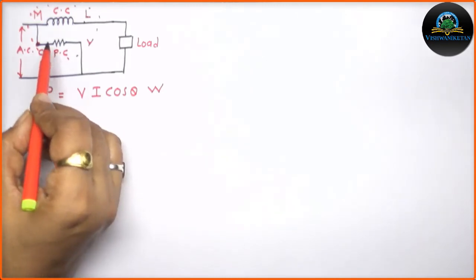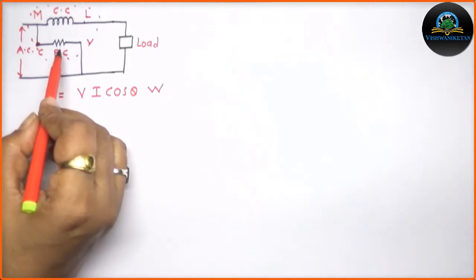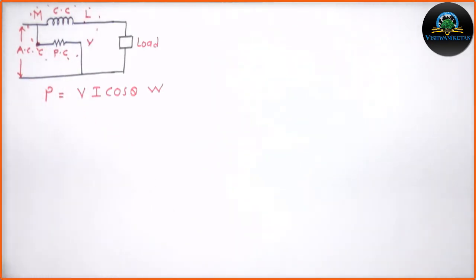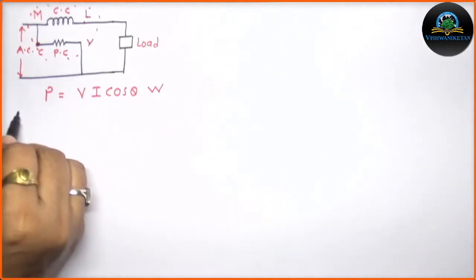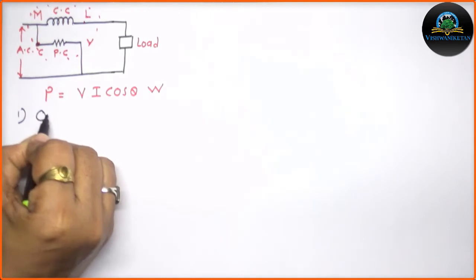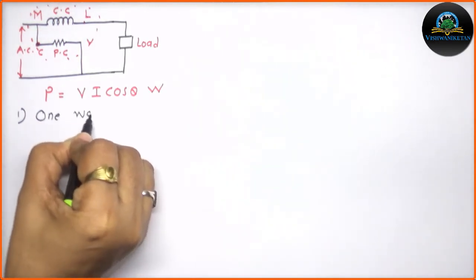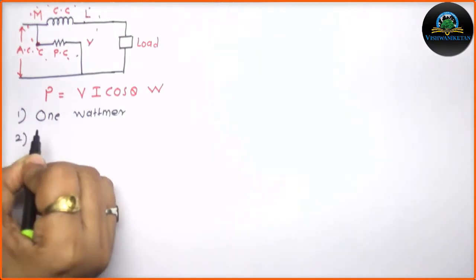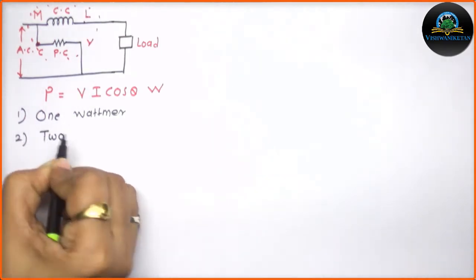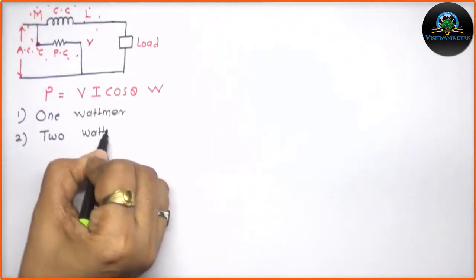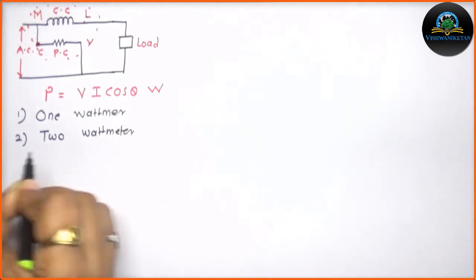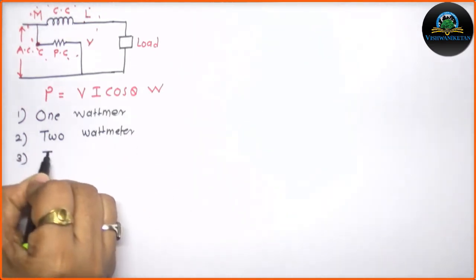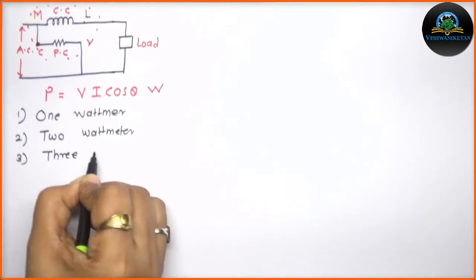Now by using this one meter, which is known as a wattmeter, we can measure the power in the three-phase supply in 3 different ways. Number 1, it is the 1 wattmeter method. Number 2, it is the 2 wattmeter method. And number 3 is definitely the 3 wattmeter method.